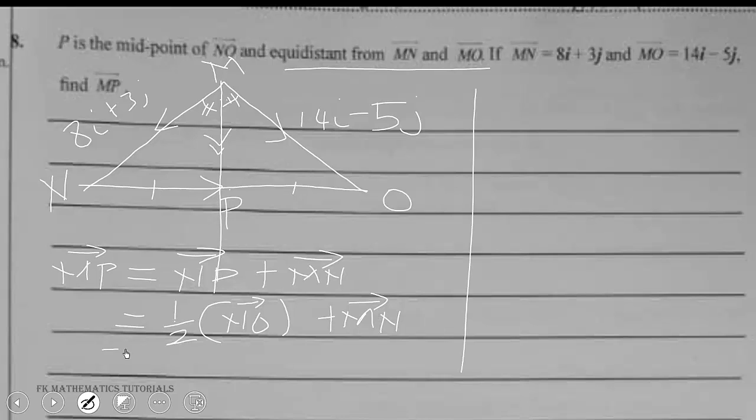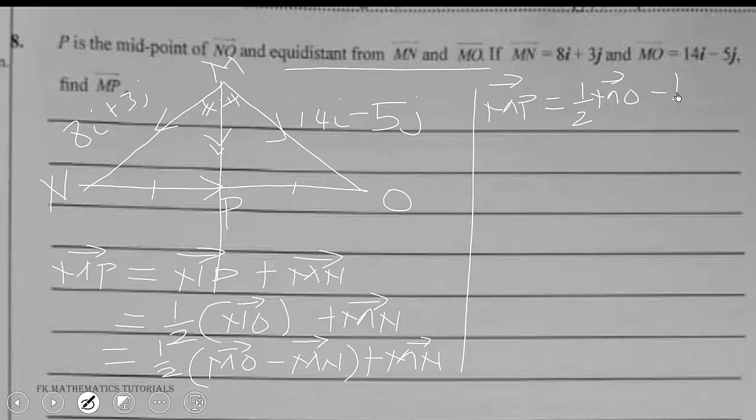Vector NO is also equal to vector MO minus vector MN. So plus vector MN, vector MP would therefore be equal to half of vector MO minus half of MN plus MN.